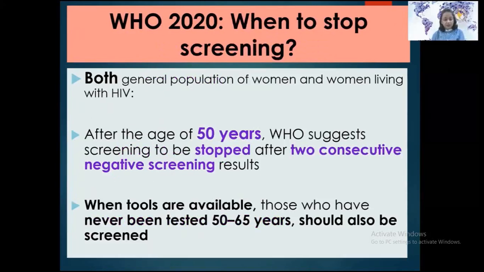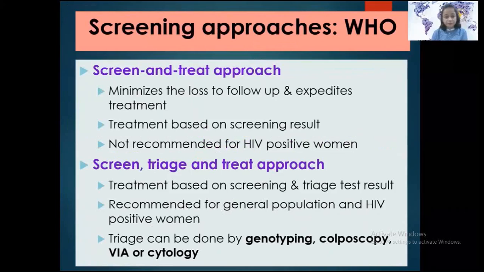So when to stop screening? WHO 2020 guidelines say that after the age of 50 years, you can stop screening, provided the female has had 2 consecutive negative screening results. However, whenever you have good resources, if a female has never been tested in the age group of 50 to 65, you can continue with screening.